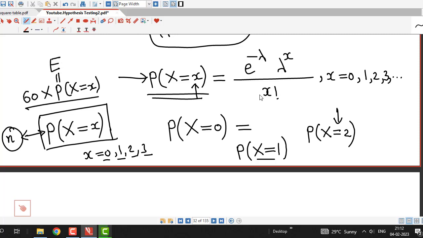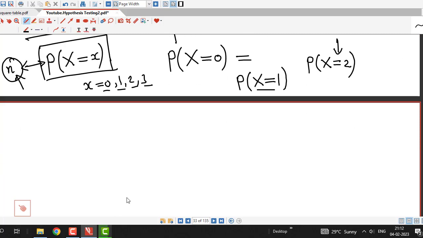Once we obtain expected frequencies, we will check whether all of them are at least 5. If they are not, then we will combine the required categories and make sure that all the expected frequencies become greater than or equal to 5.